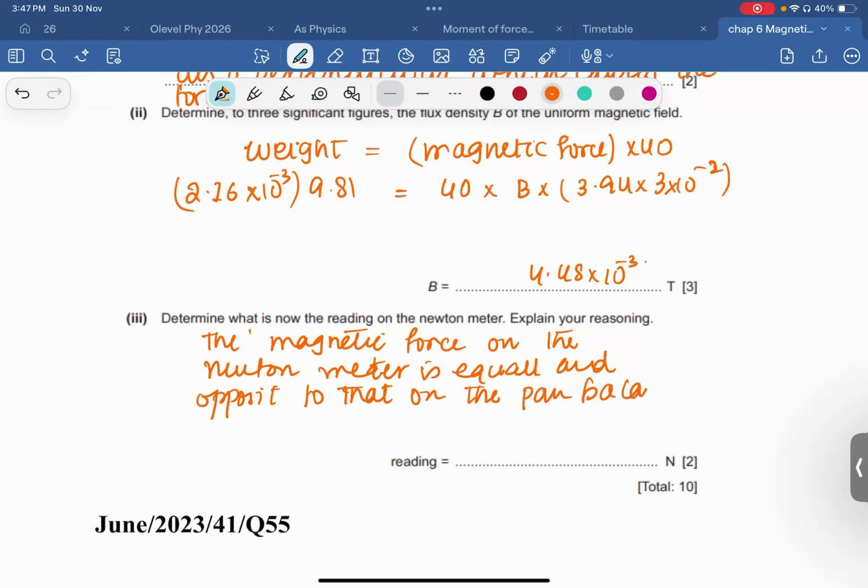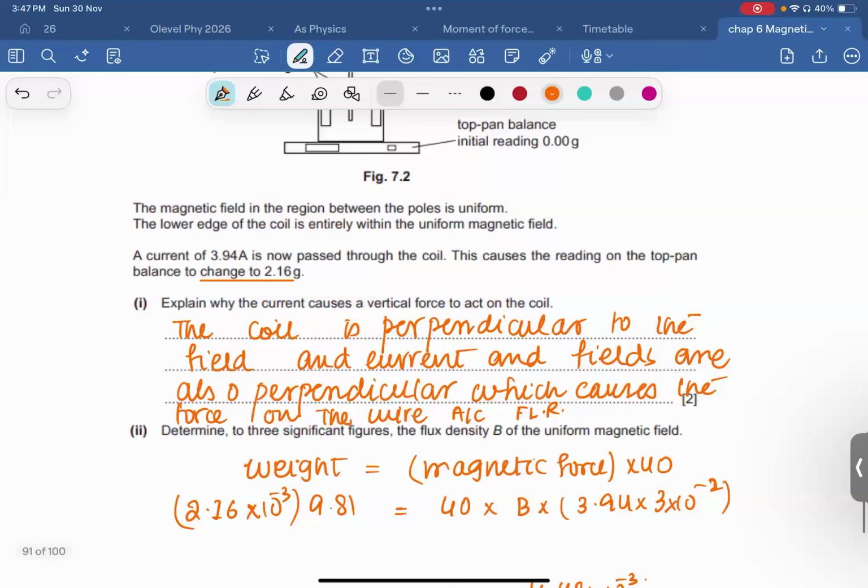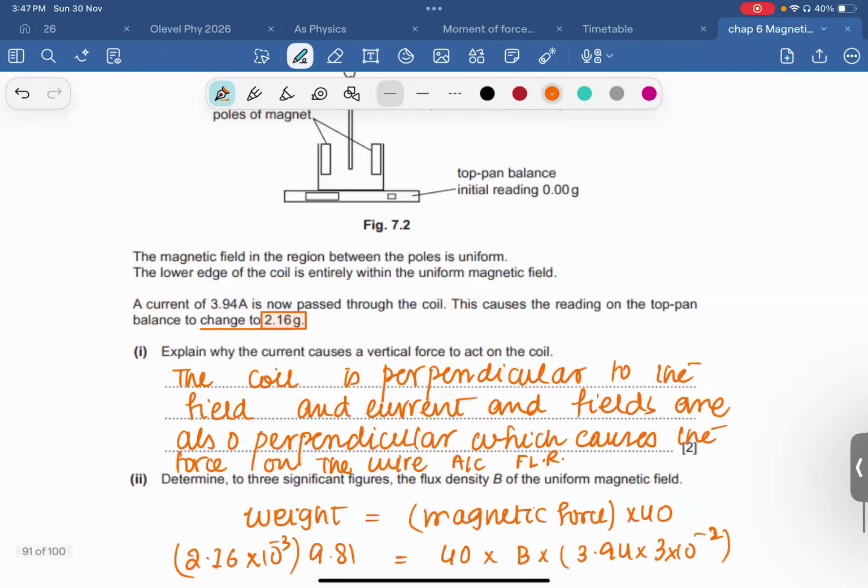Now, the Newton meter reads initially 0.563. Now, we have this much value being changed when there's a magnetic force.